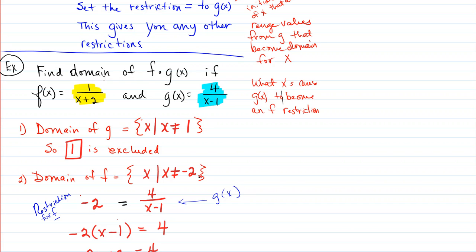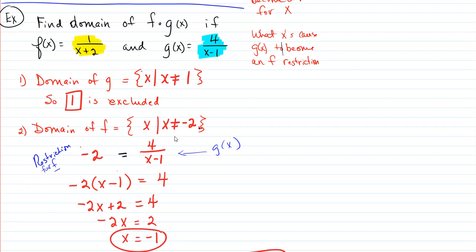So find the domain of f of g of x if this is your f of x and this is your g of x. Step 1 tells me to find the domain of g. So that means I'm looking at the denominator and I know it can't be equal to 0, so x can't be 1. So 1 is excluded in our domain of f of g.